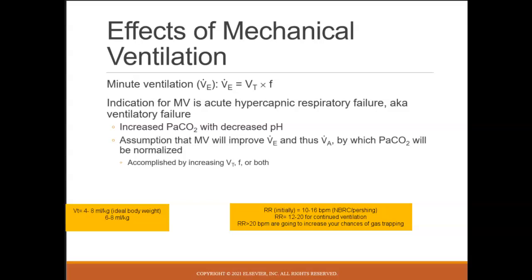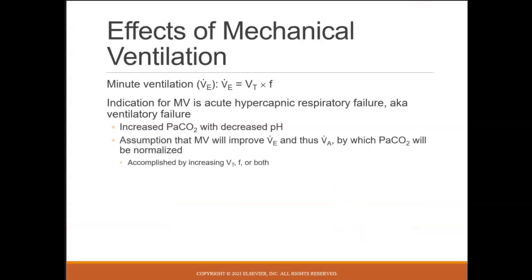But I might be at 7 milliliters per kilogram over here, so I'm right in the middle of the range, and then I might be at 16 breaths per minute over here. So you might increase to 18, increase to 20, but once I get to 20, I might say, I don't want to go any higher than 20. So I might go back over here and increase my tidal volume again. So it's very specific to individual patient situations. We will be practicing that.